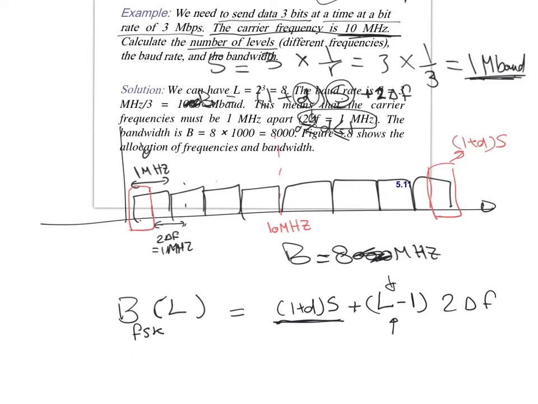And between each two symbols, here we have 2 delta F, 2 delta F, and so on. So you have in total L minus 1 times 2 delta F, plus the two red halves at both sides.